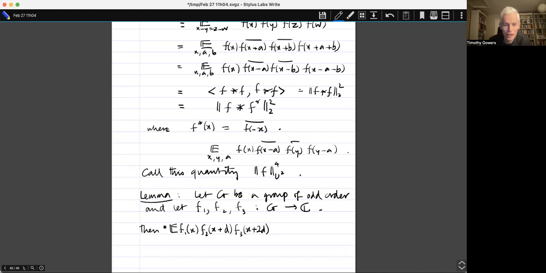Actually, I think motivating this lemma after I've stated it does make some sense, so I'm not too disappointed that I forgot. So that's less than or equal to the u2 norm of f1 times the u2 norm of f2 times the u2 norm of f3.